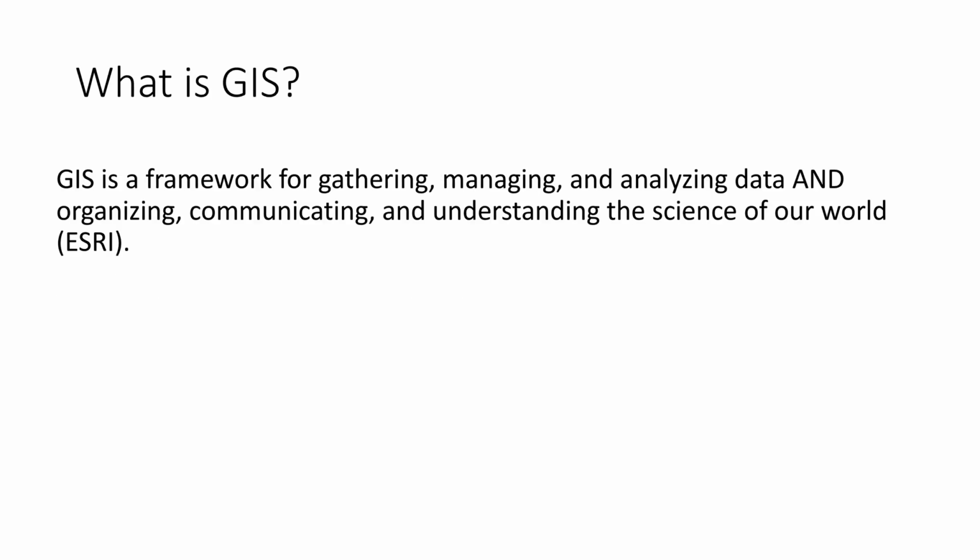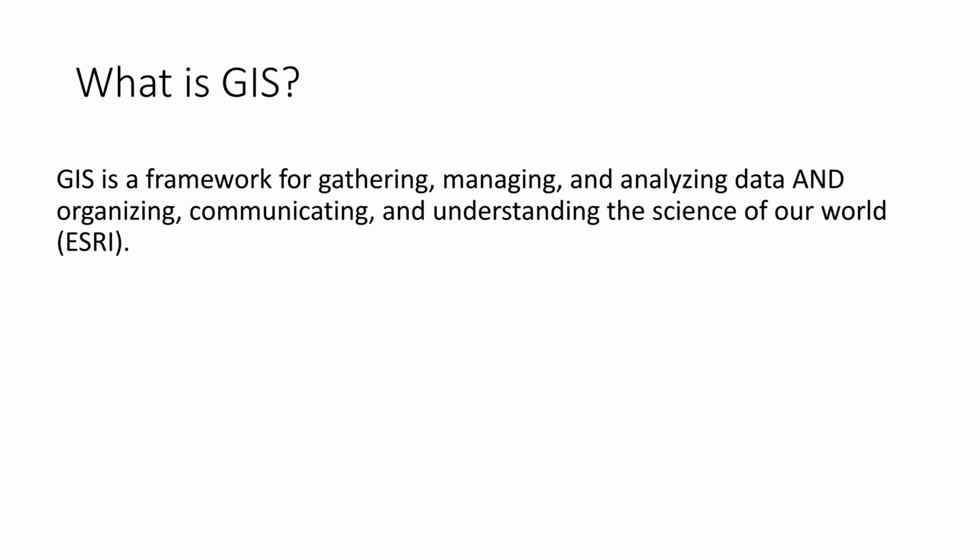So you might be wondering, what is GIS? This is the definition of GIS by ESRI, the Environmental Systems Research Institute. You've probably heard of ESRI without even realizing it. For example, the ArcGIS software is a product produced from ESRI. So what is a GIS?